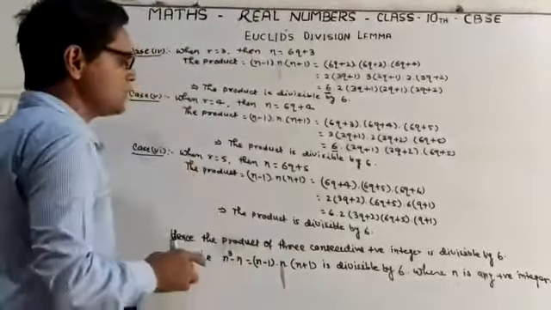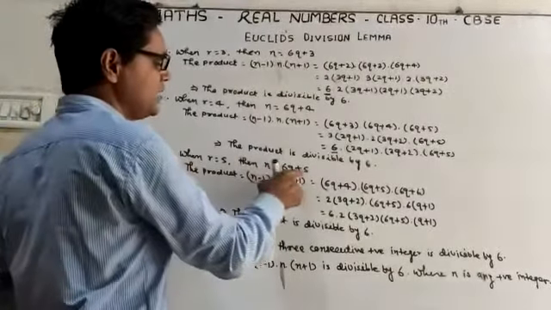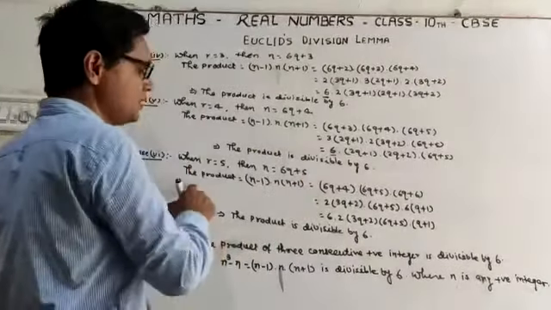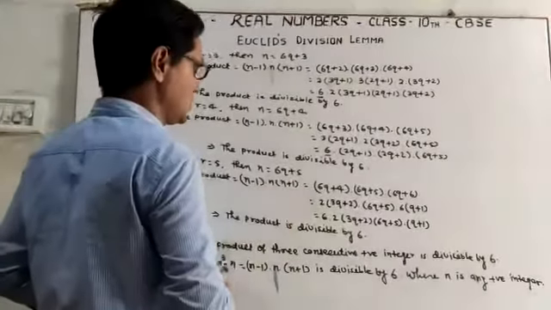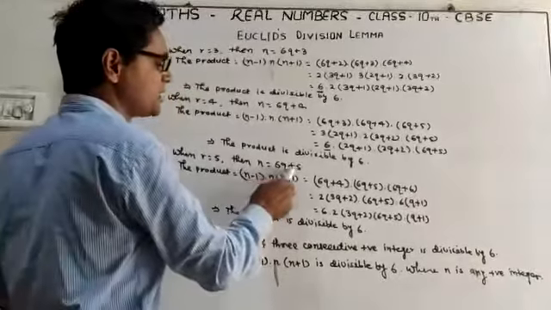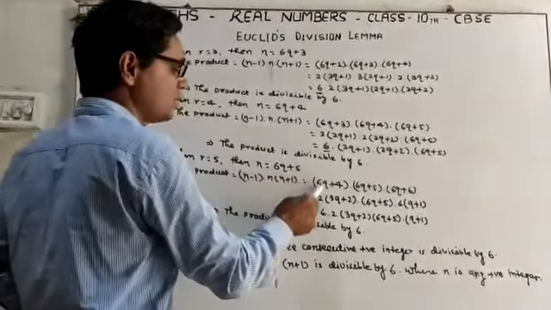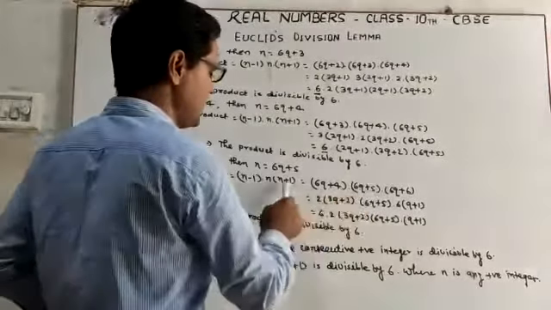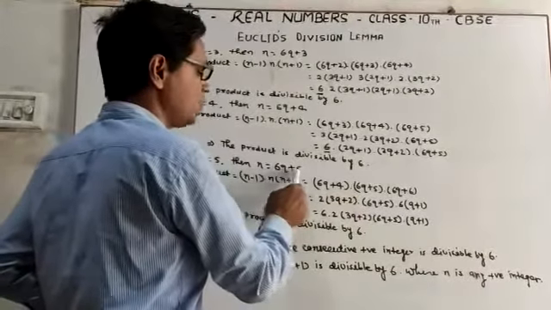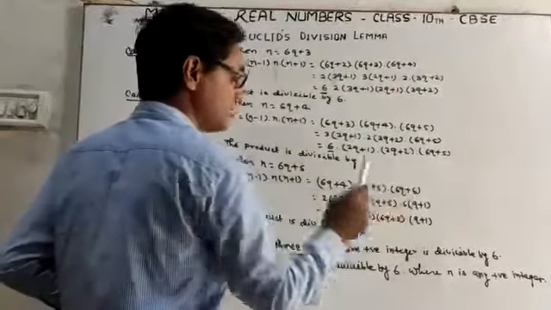Case 6. When r is equal to 5, then n is equal to 6q plus 5. The product will be n minus 1 into n into n plus 1. N minus 1 means 6q plus 5 minus 1, that will be 6q plus 4. N is equal to 6q plus 5 and n plus 1 means 6q plus 5 plus 1, that is 6q plus 6.